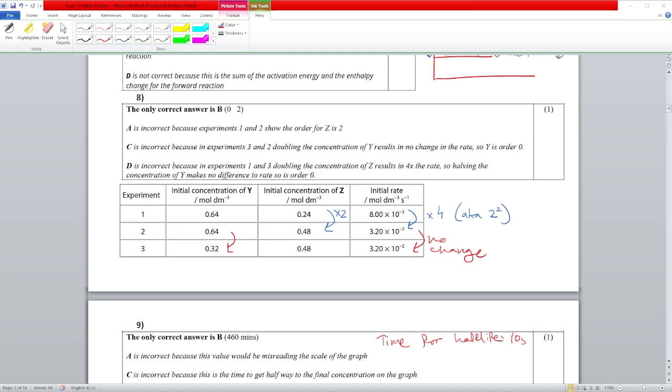Times 4 is 2 to the power of 2. So that's how you can tell that this is a second order change. And then for the other reactant, even though it changed here, there is no change in the order of reaction, so that means it's 0. So that's why it's 0 for Y and 2 for Z.